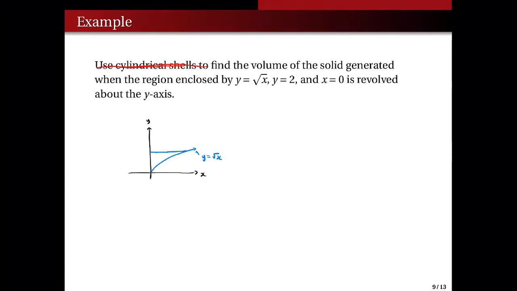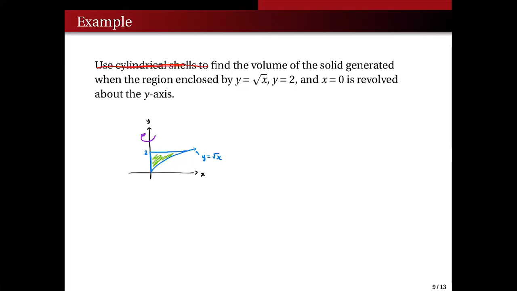Suppose this is your y equals 2. Your x equals 0 is just the y-axis line. Your axis of revolution is still the y-axis. And again, let us just put the region in here. The region is this guy here.